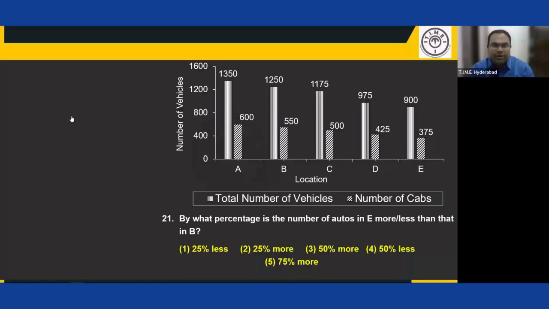Time starts now, 21. Check the answer. Which option is it?